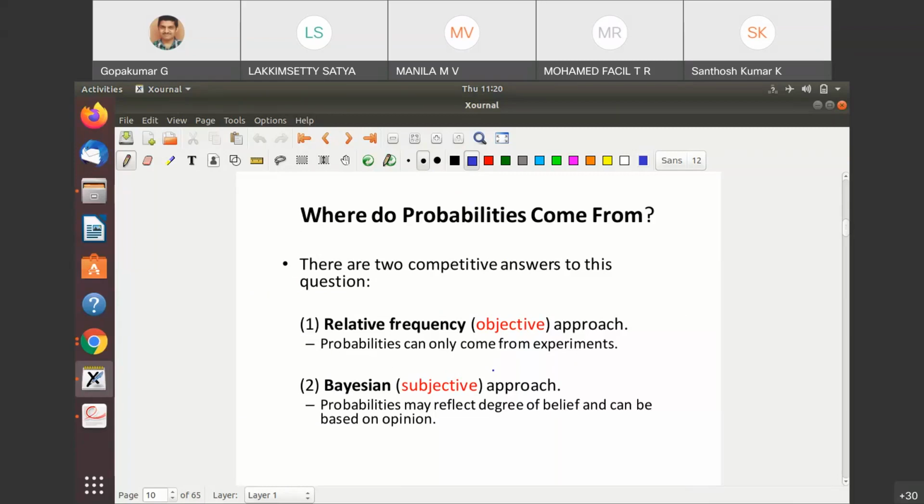That is the relative frequency, which comes from the experiments. But there is another way of obtaining these probabilities, which is based on the Bayesian approach, that is, based on some opinion. We will discuss that later, but just keep in mind that there are two ways in which these probabilities can be obtained.